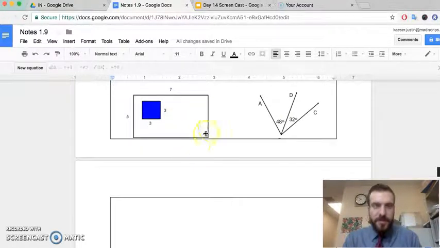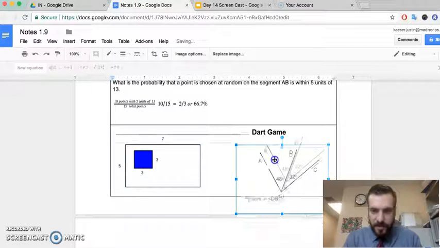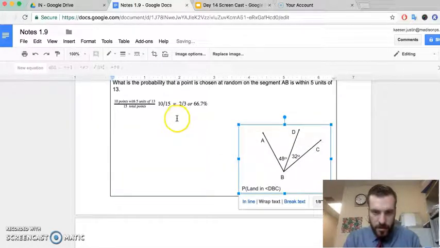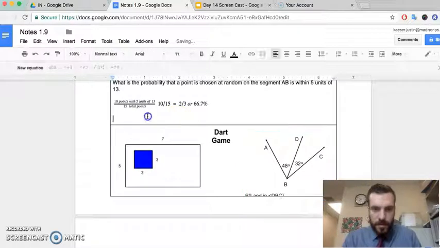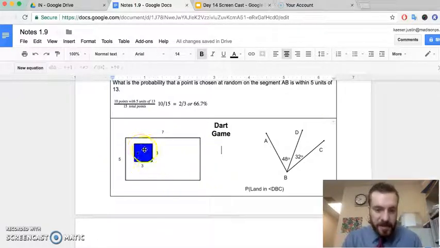So the last two are the dart game, and I moved these so you can see these a little better. Okay, so what we want to think about here is if we threw a dart at this square, what is the possibility it's going to land in this little square?